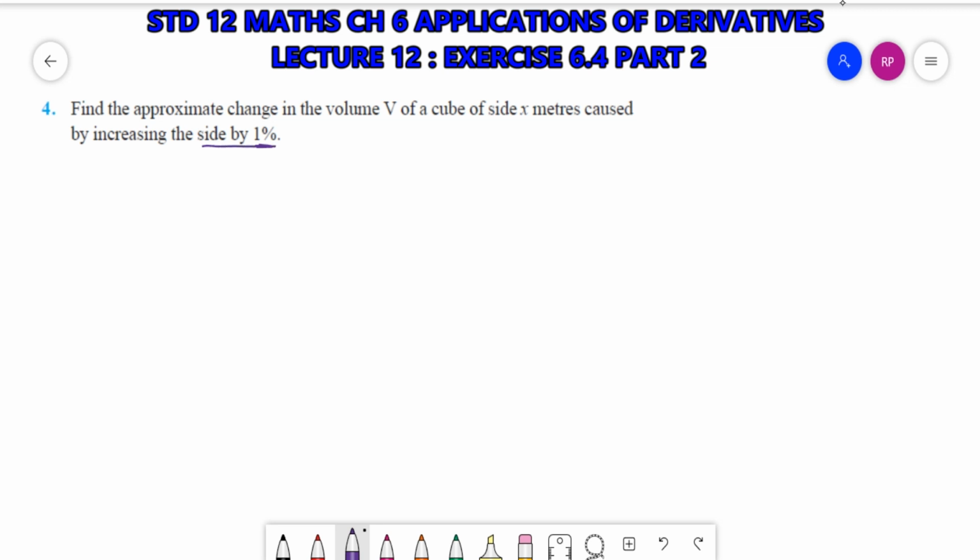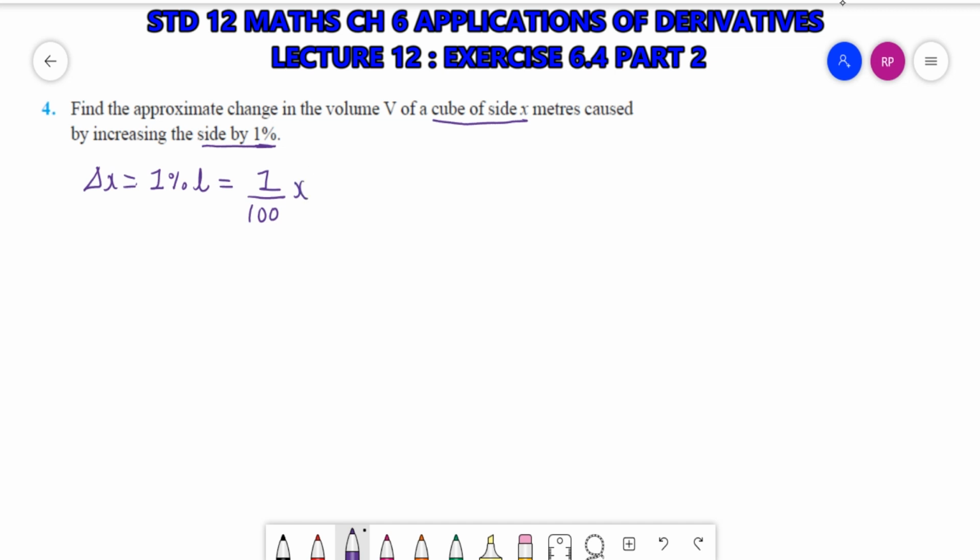So I will write it down, delta L is equal to 1% of L, and when you want to remove percentage, divide by 100. So delta L is 1 by 100 L. Now it's a cube, sorry, its side is x, so instead of L I will use the symbol x.